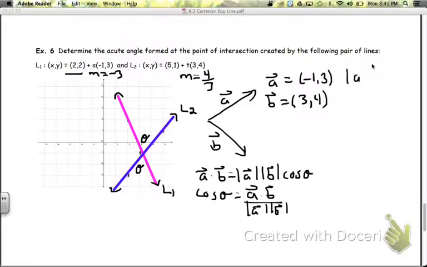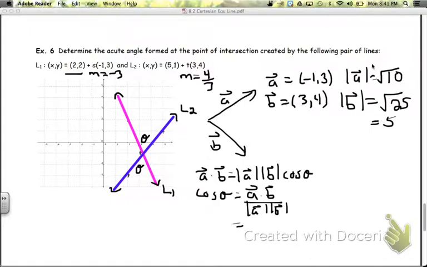To do that, we need to know the magnitude of A, which is just the square root of negative 1 squared plus 3 squared, which is just the square root of 10. The magnitude of B would be equal to the square root of 3 squared, which is 9, plus 4 squared, which is 16. So 16 plus 9 is the square root of 25, which is a perfect square, which is 5.